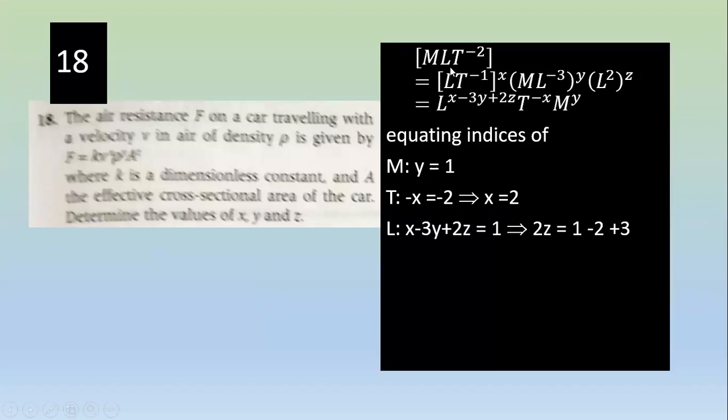And then look here, your L is to the power 1. Then put in your values: 2 minus 3Y plus 2Z equals 1. Take over, it becomes plus 3Y, right? Y equals 1, so it's 3. And simplify. That's your answer.